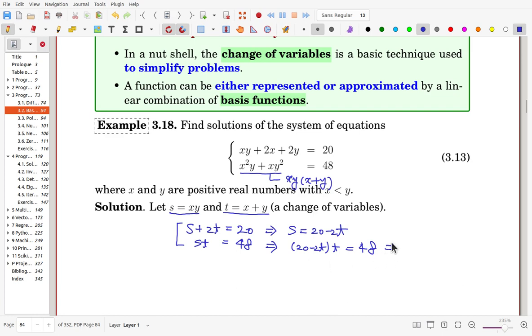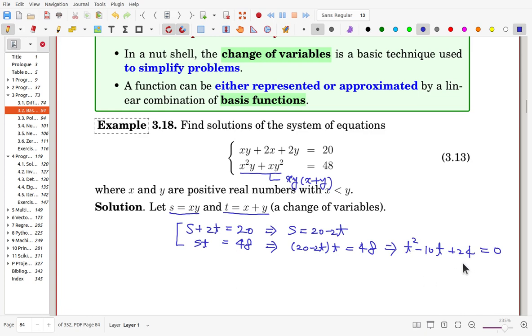Okay. We'll move these terms to the right side, expand, and divide by 2. Then we get t squared minus 10t plus 24 equals 0.